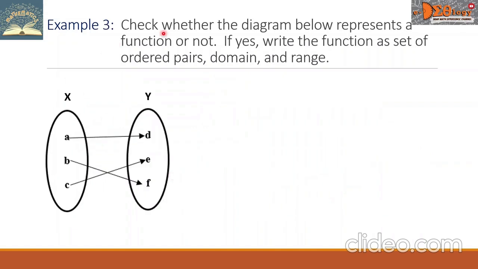Example 3. Check whether the diagram below represents a function or not. If yes, write the function as set of ordered pairs, domain, and range.